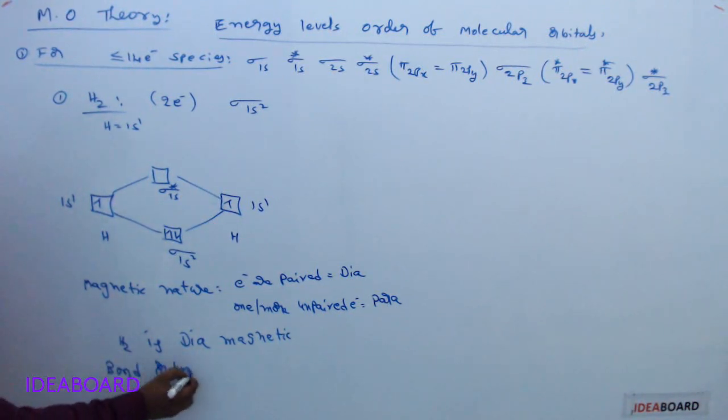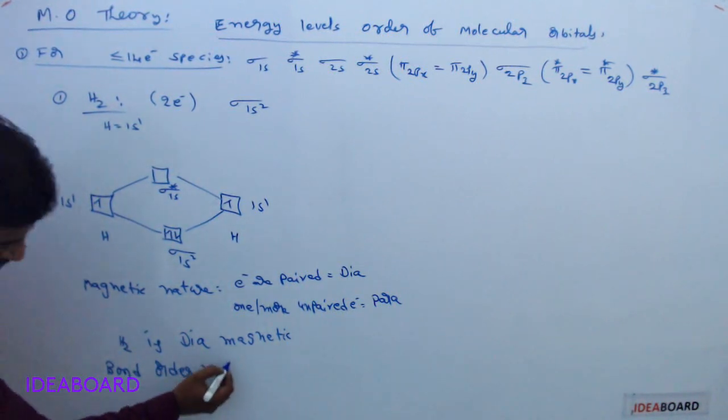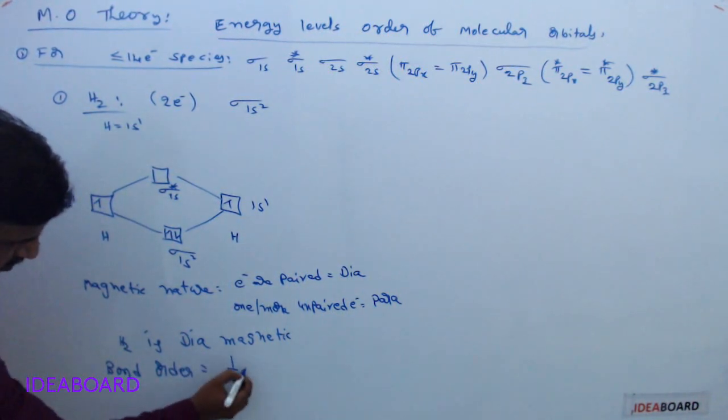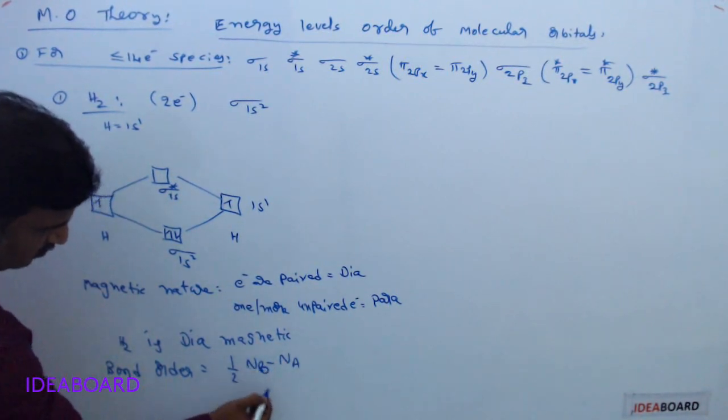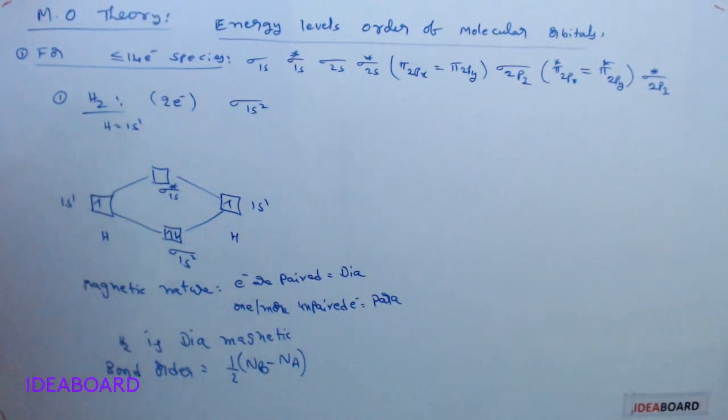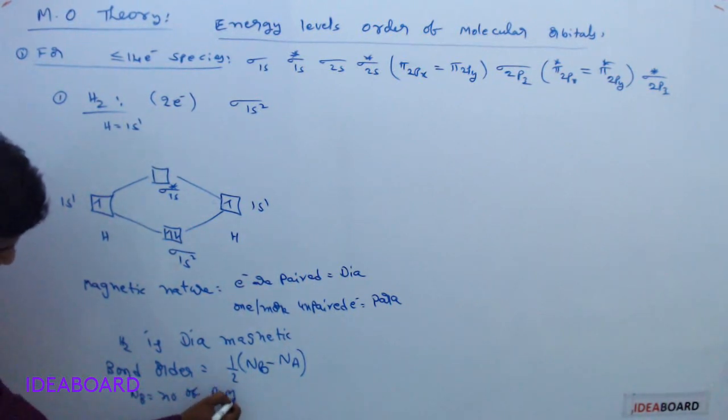How to calculate the bond order? Bond order is equal to half into NB minus NA. What are NB and NA? NB is equal to the number of bonding molecular orbital electrons.